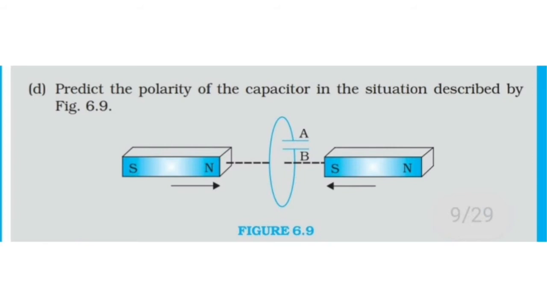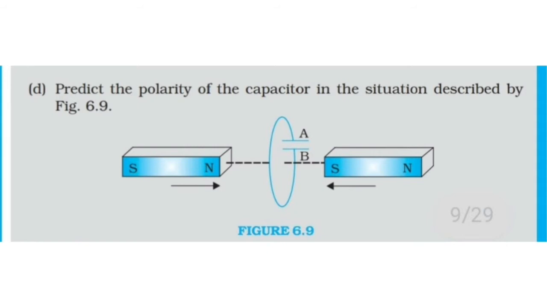At the ends of the closed loop you have capacitor plates A and B. And from either side two bar magnets with opposite polarity are brought, and you are asked to find the polarity of capacitor plates, because induced current will be flowing in the loop, because of which A and B acquire polarity. What is the polarity? Polarity means whether A is positively charged or negatively charged.